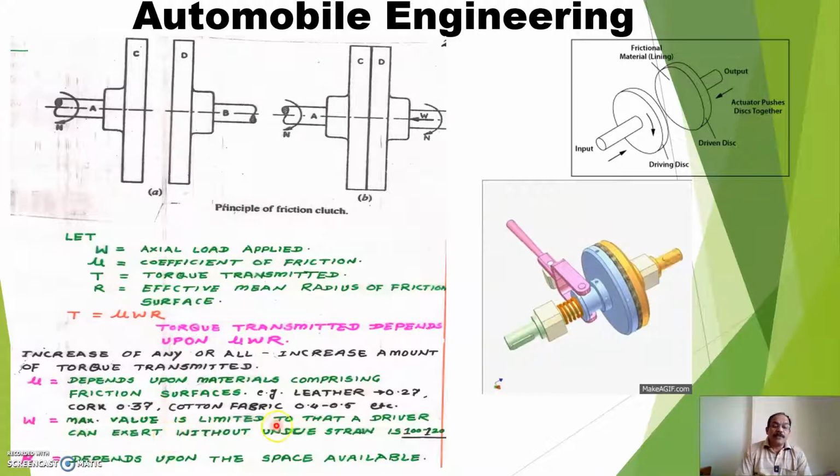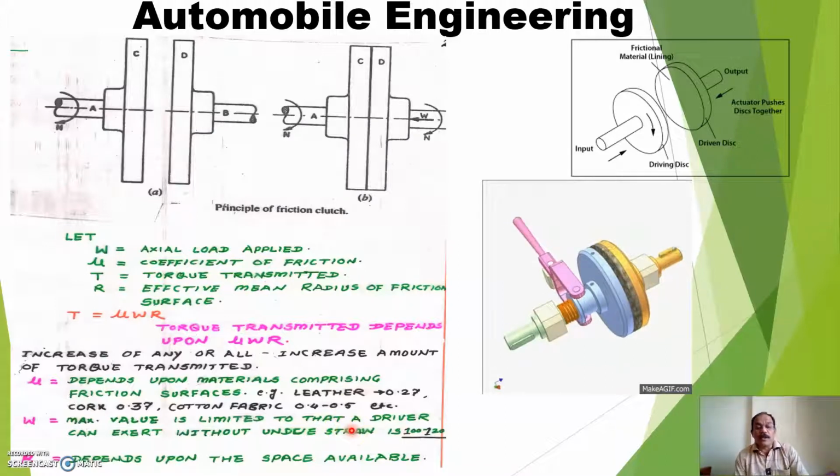W's maximum value is limited to what a driver can exert without strain. Suppose you have fitted very heavy springs and increased W, but while disengaging you need to apply a force against this spring. So it must be possible for the driver to press that pedal with his leg.